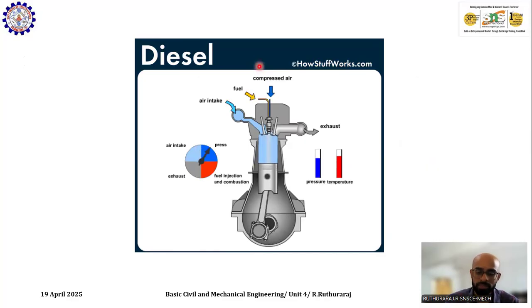But a petrol engine is more service friendly. It has low maintenance and also silent operation. Hence two-wheelers and automobiles work through the spark ignition engine. So that is regarding the classification of engines based on the type of ignition.